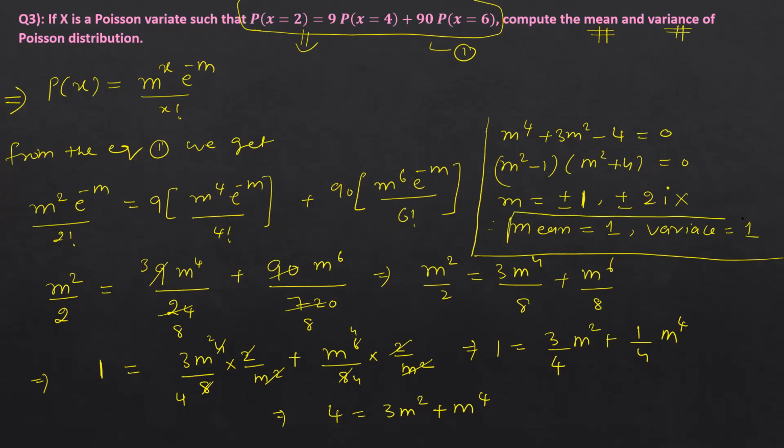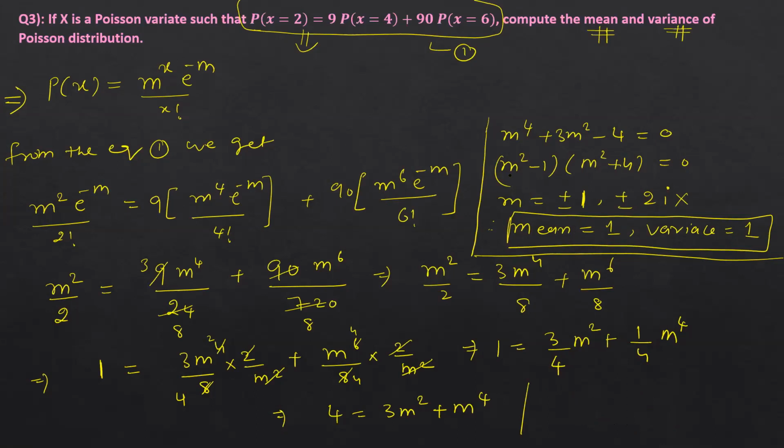So mean is equal to 1 and variance is equal to 1 in this case. Because we know that your mean is equal to m value and even your variance is also equal to m value. So if you found mean, that is same for variance also. So that's it.